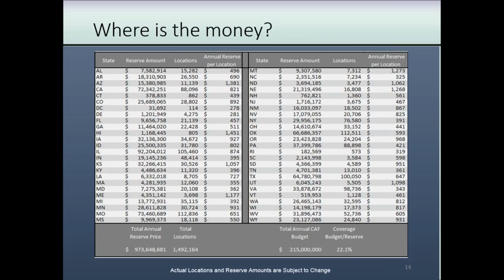Taking the CAM 43 model, which listed 317,000 census blocks across all of these states, we recapitulate these numbers to show how much reserve funding is available in each state.